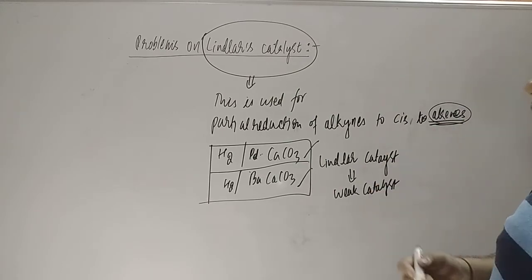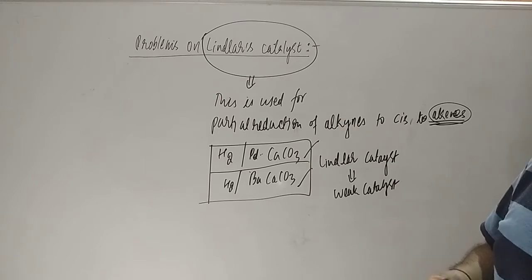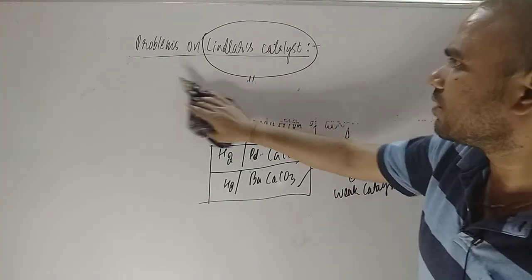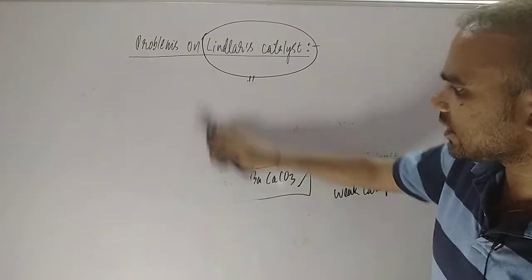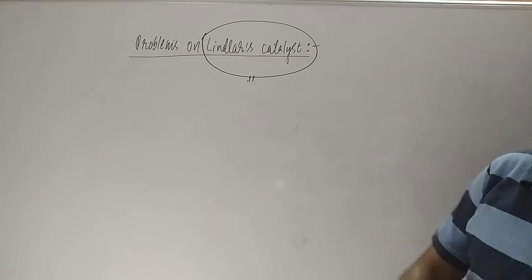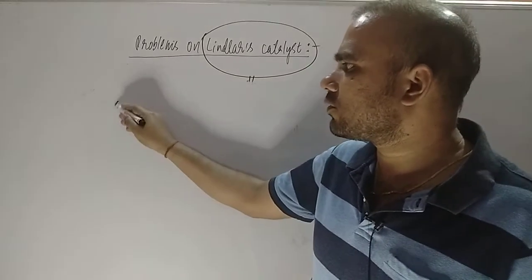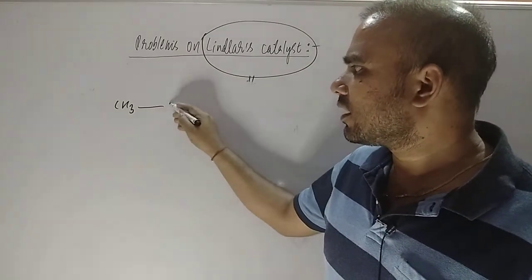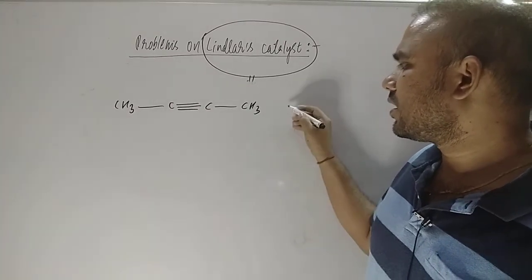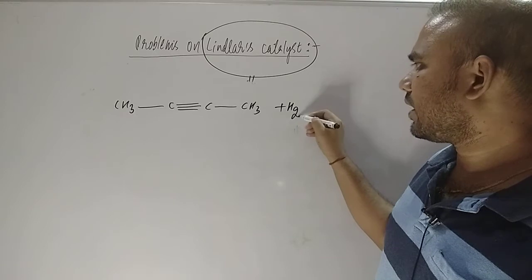So how does the process take place, students? Let us try to understand the reactions, because we are going to discuss problems based on it. The first problem: suppose we take CH3, C triple bond C, CH3, with H2.